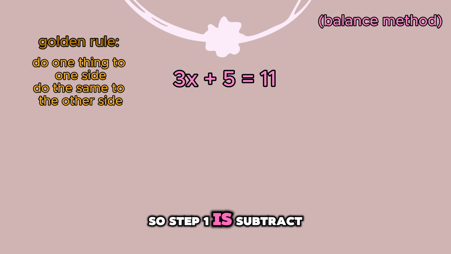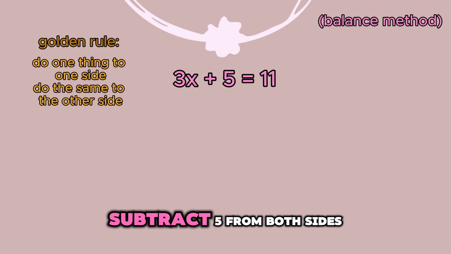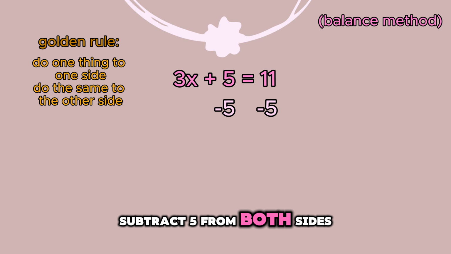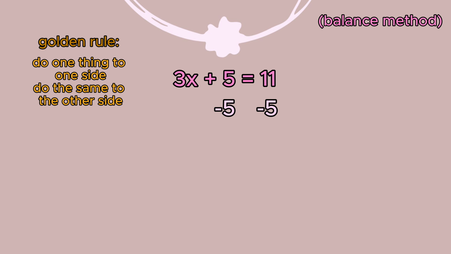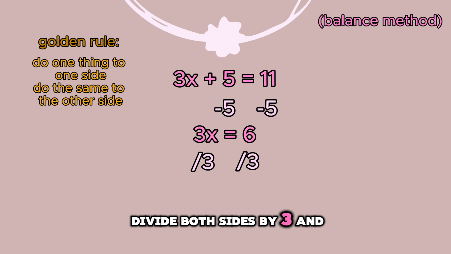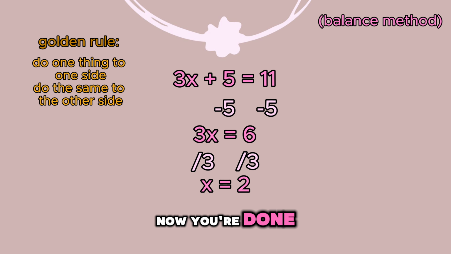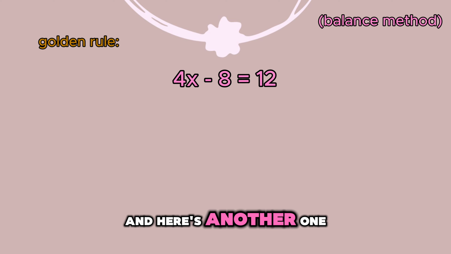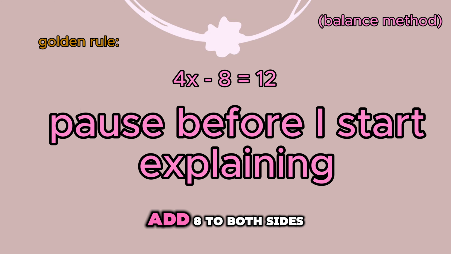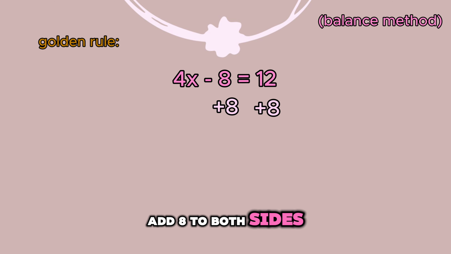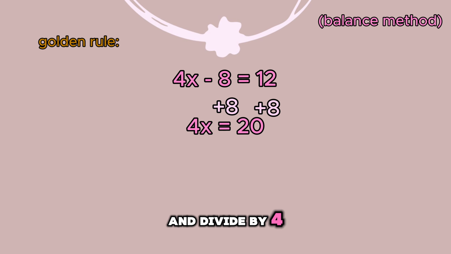So step 1 is subtract 5 from both sides. Step 2, divide both sides by 3. And now you're done. And here's another one. Add 8 to both sides and divide by 4.